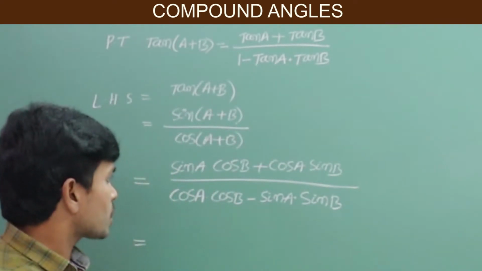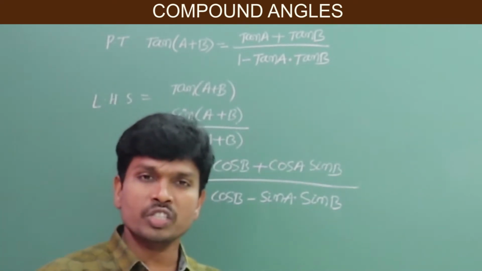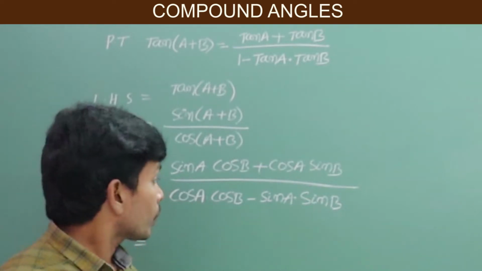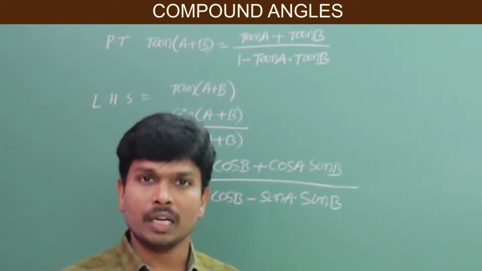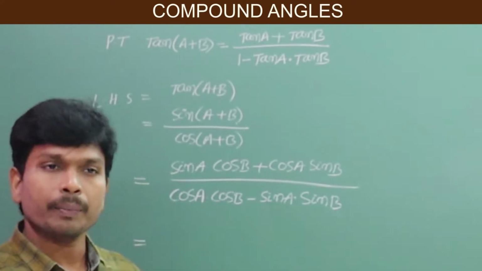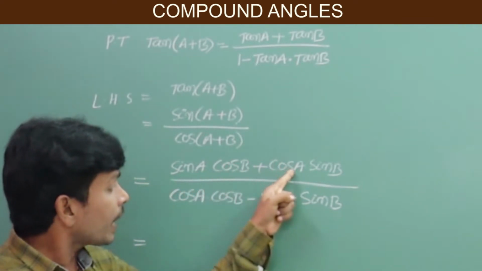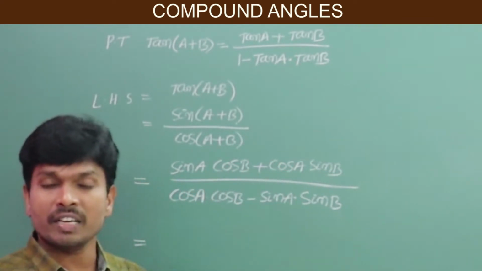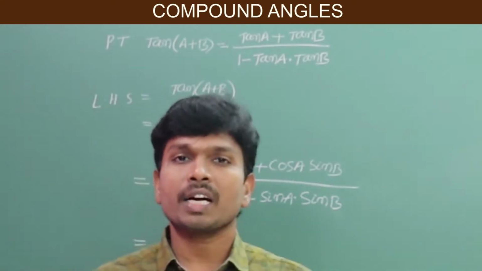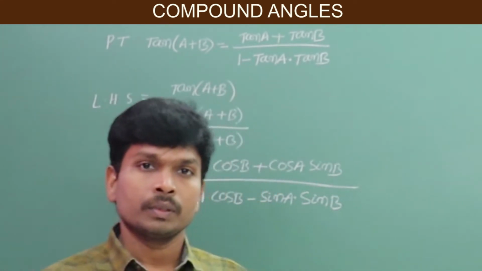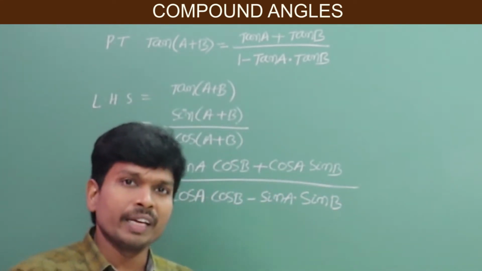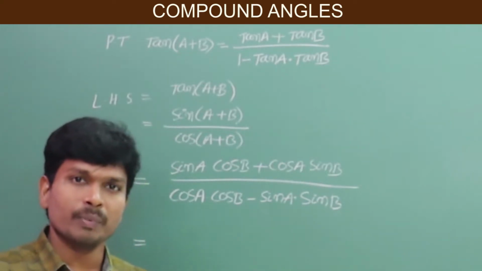Sin a into cos b have to be divided by cos a cos b. Yes or no? So each and every term you must divide by cos a cos b. Why did we divide by cos a cos b?